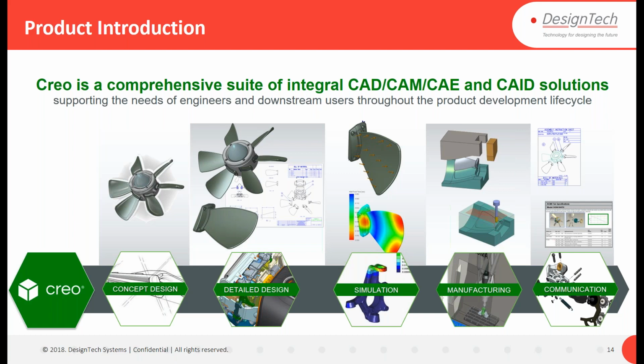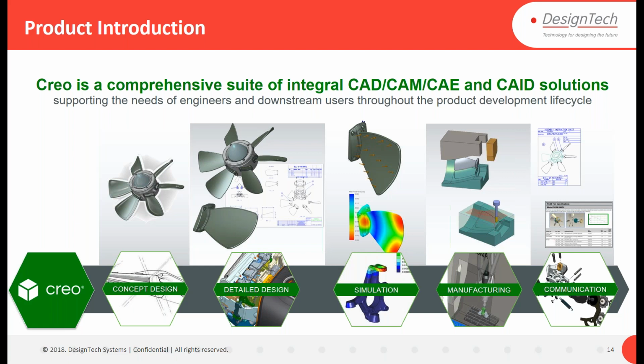So basically, it caters to all the needs of the engineers, either they are working on concept design, or detailed design, or they are in the CAE domain doing validations like structural analysis or mechanical simulations, or they are doing G-code generation for manufacturing, or tooling design, right? So it supports all the needs in the industry throughout that life cycle.